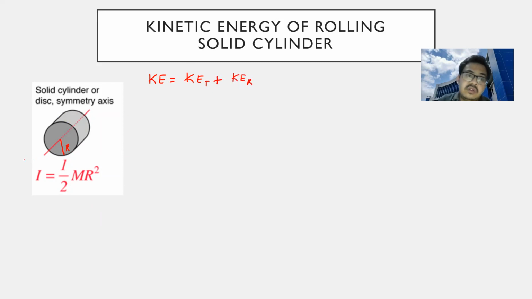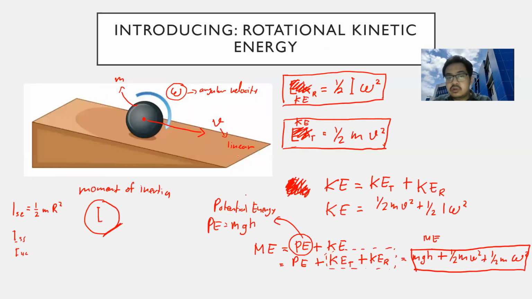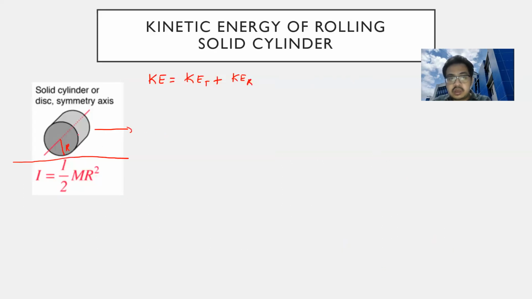For example, if this cylinder is rolling in that direction, it's not necessarily down the slope, but it could be on a straight line or even going up a slope, as long as it has translational and rotational motion, this term applies. And this is the v and this is omega.